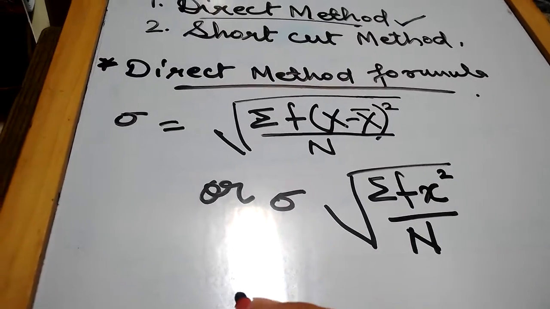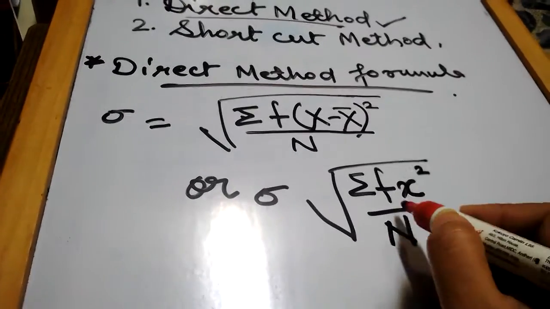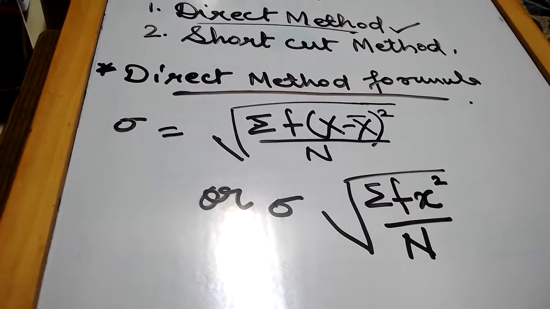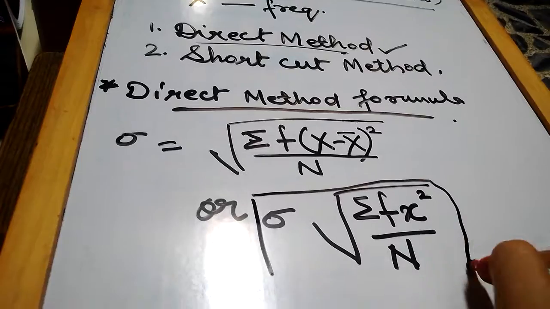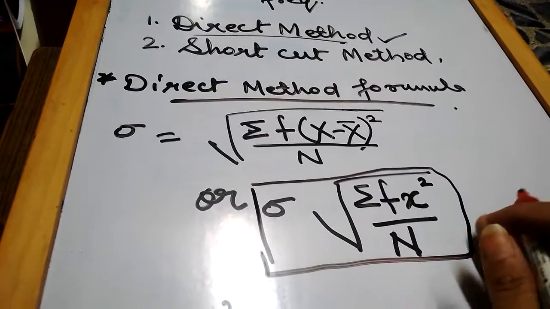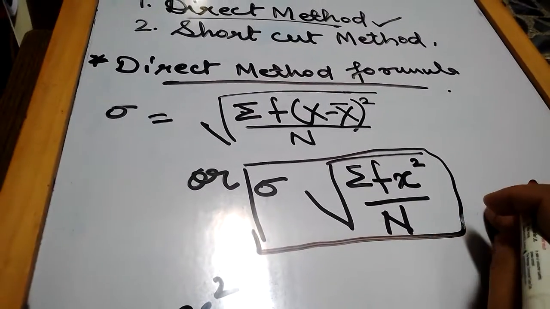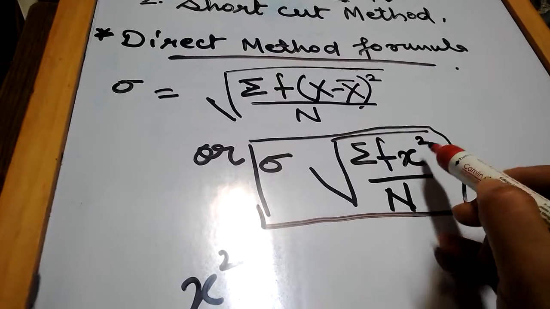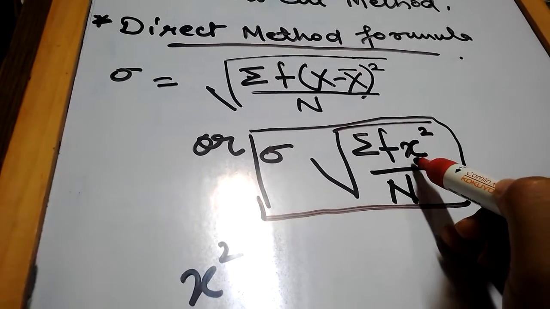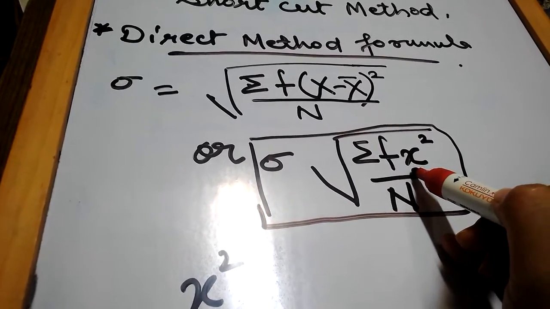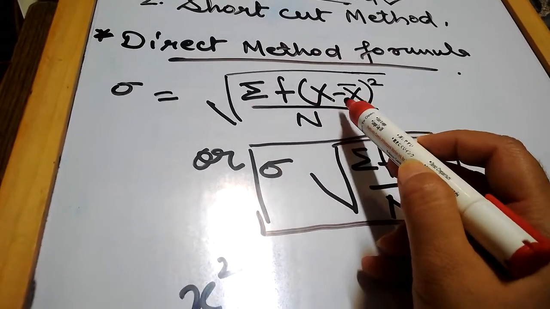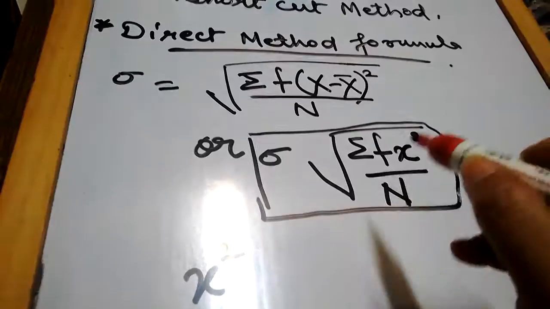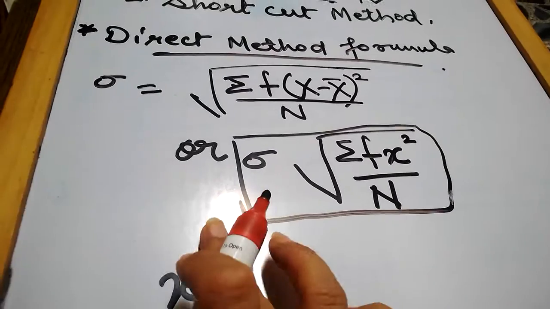So in the formula we are using x square. While looking at it, this formula looks quite simple. But what is the difference over here? This is x square over here, but in this formula we are using x minus x bar. So how is this x calculated?